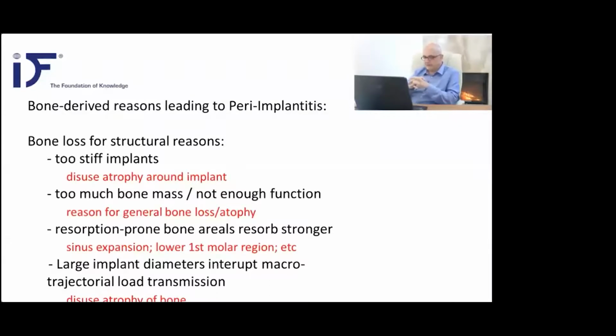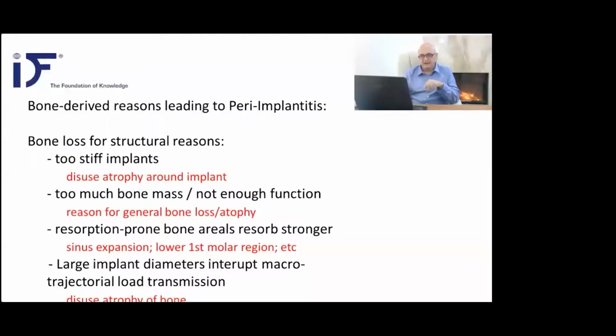The other point that I want to remind you of is that the larger the implant diameter is, the more this interrupts the macroterritorial load transmission. So what do I mean by this? Through the bone are traveling osteons. These osteons are the structural units of bone.